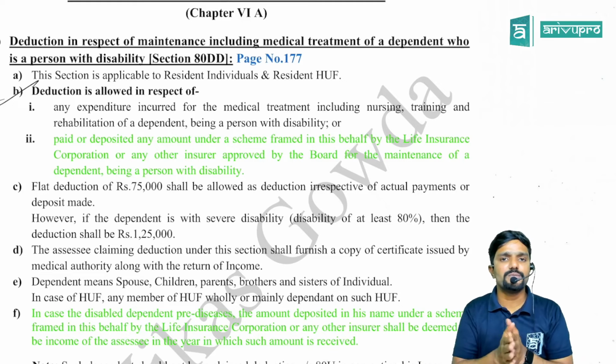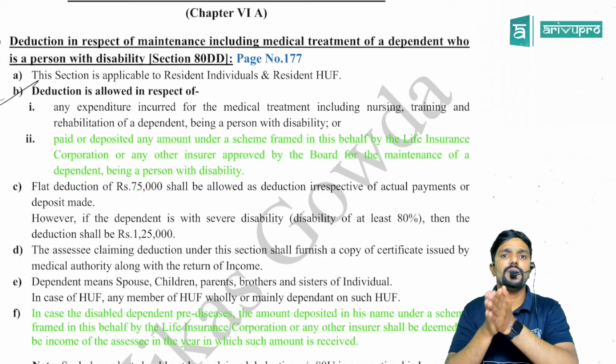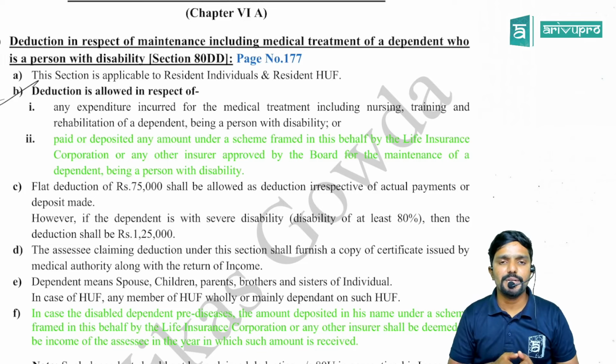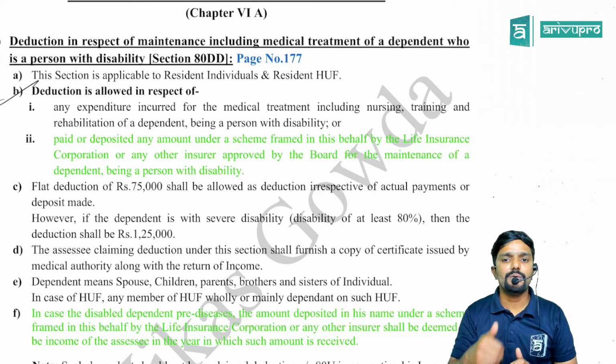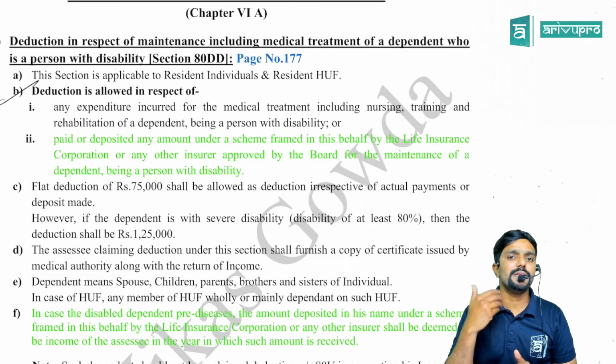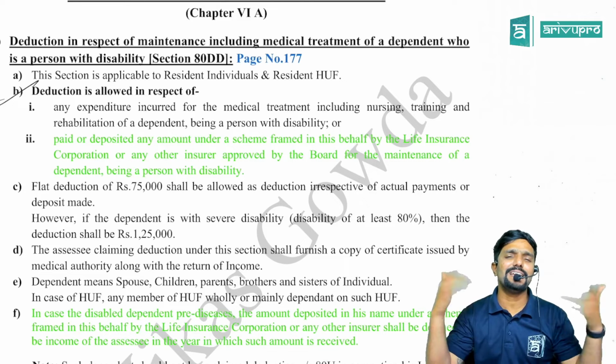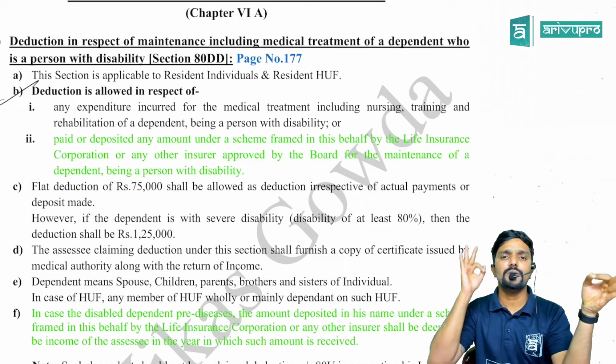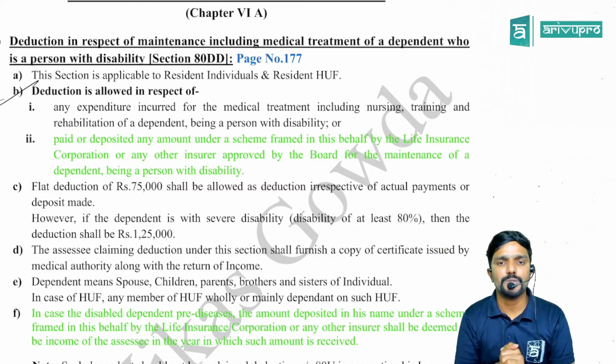So this is the point which was already there. Means for your dependent who is suffering from disability, if you are taking care of him by incurring all the medical expenditure, or you have taken the life insurance policy on behalf of him or her and you are paying the premium, that means you can claim flat deduction of 75,000 or 1,25,000.